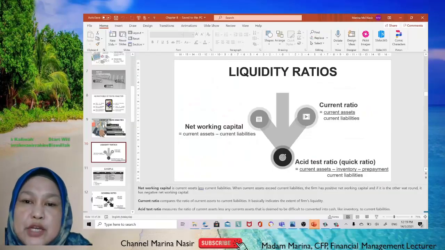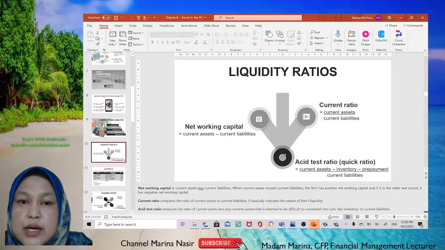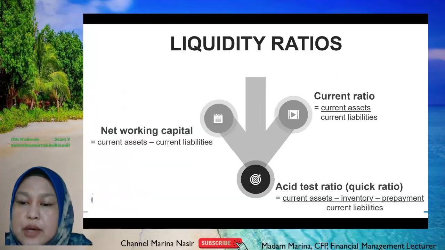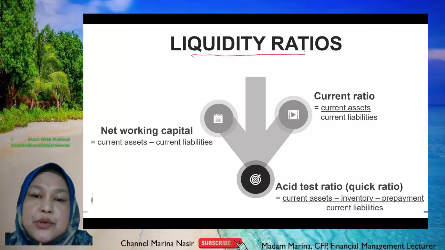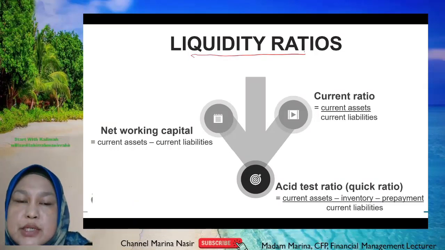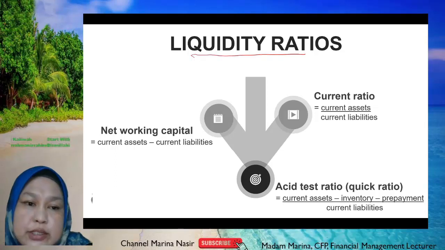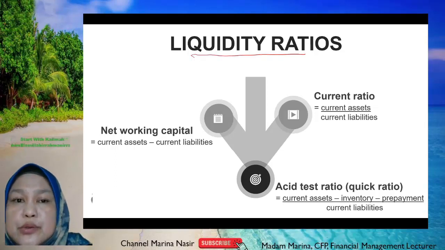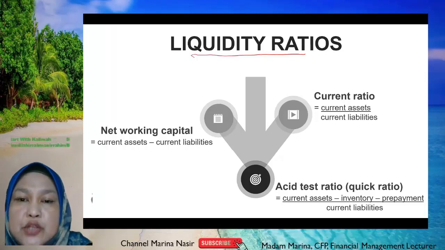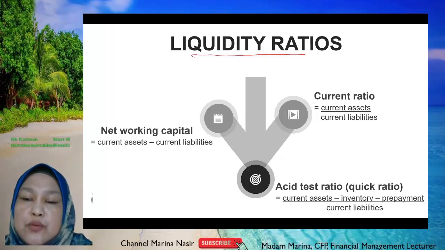For liquidity ratios, why do we have to calculate the liquidity ratio, class? With the liquidity ratio, we actually want to measure the ability of the company to pay its short-term obligations. What are short-term obligations?